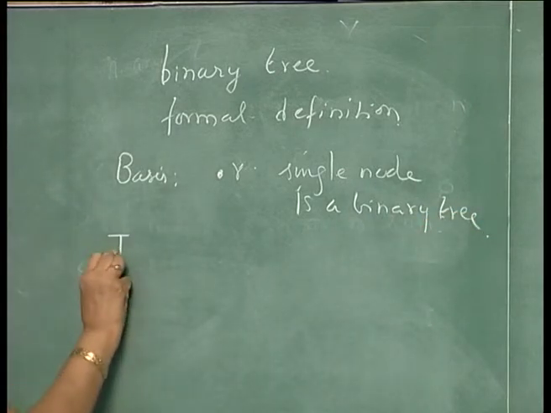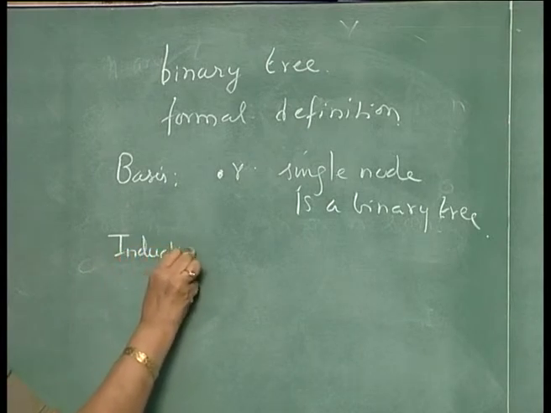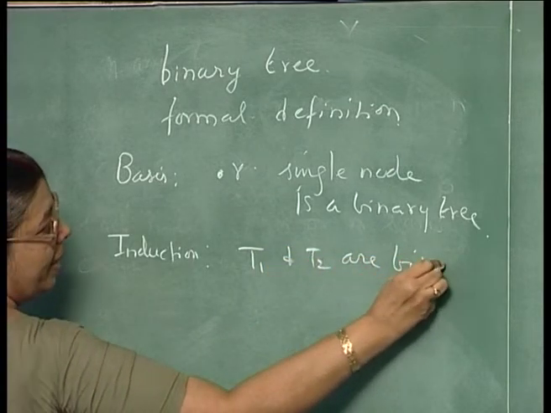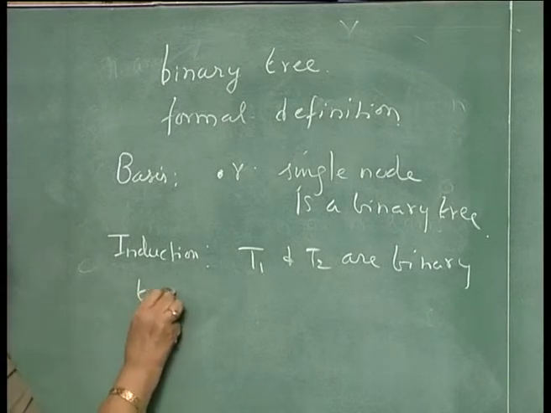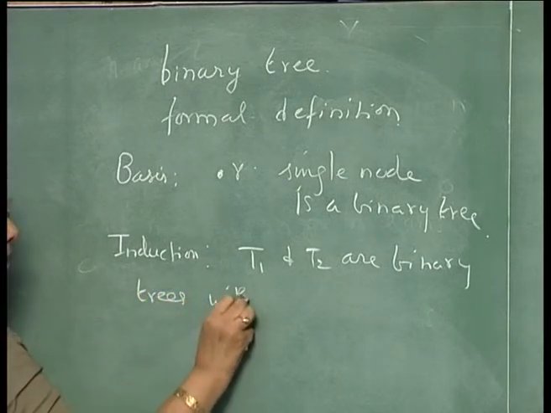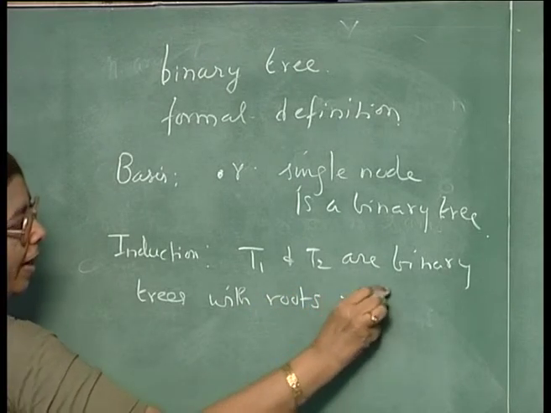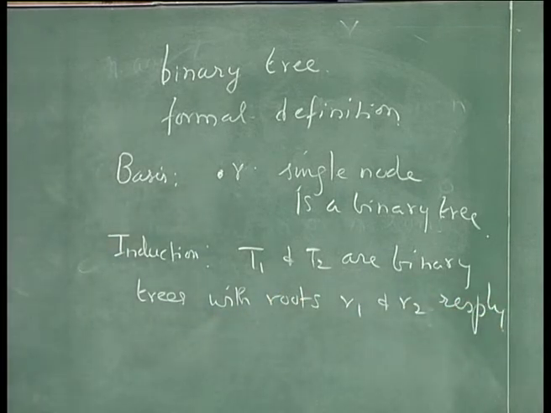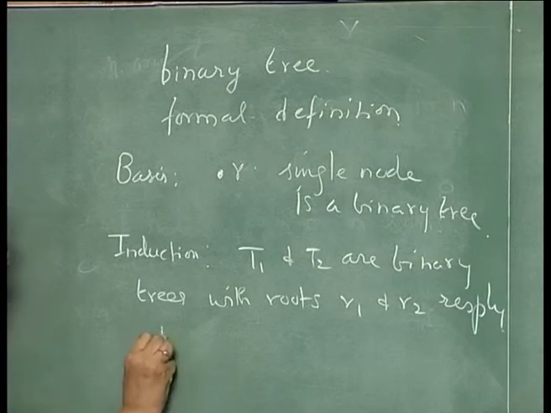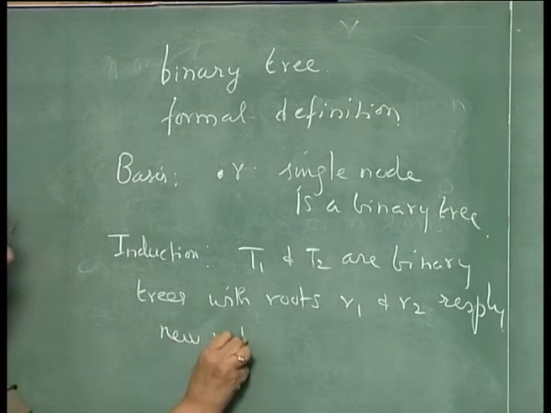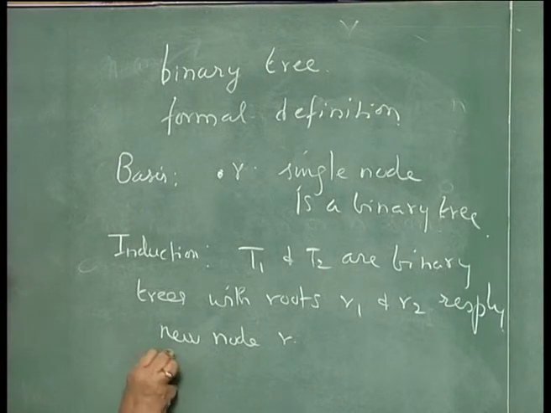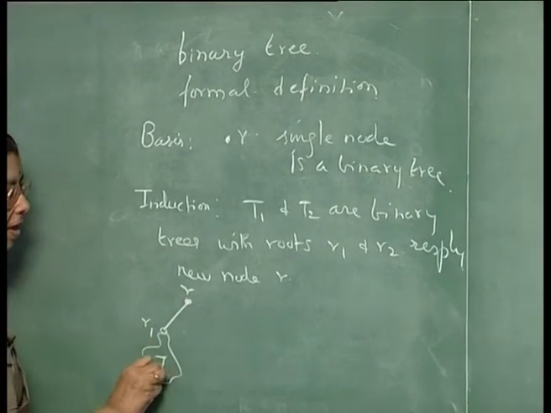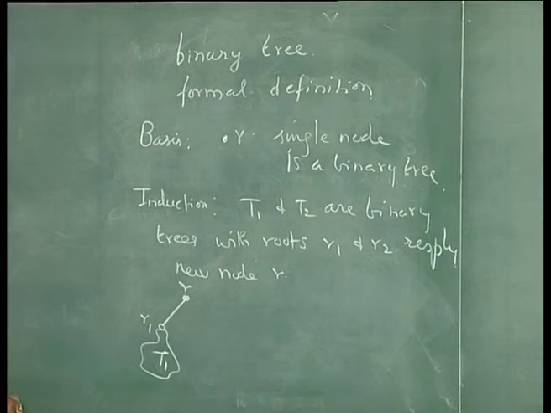Now, the induction clause you write like this: T1 and T2 are binary trees already constructed with roots R1 and R2 respectively. Then take a new node R. Then R with an arc to R1 along with T1 is a binary tree.